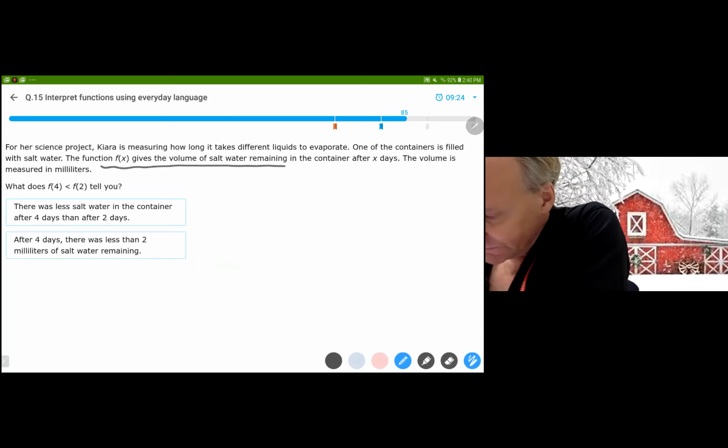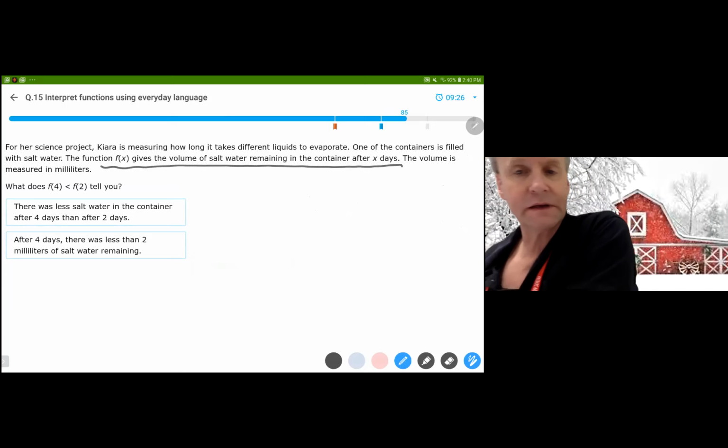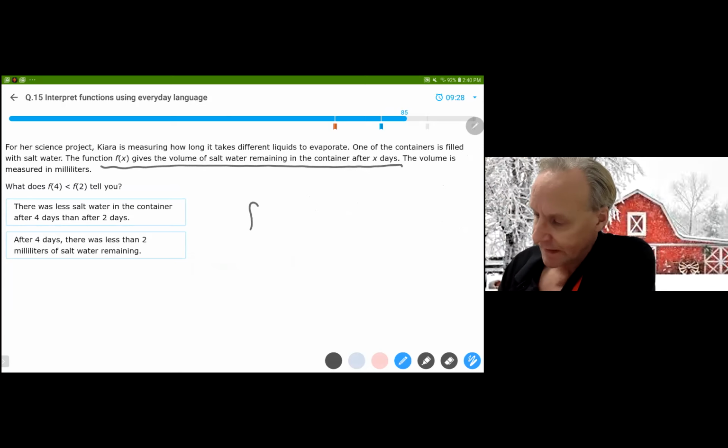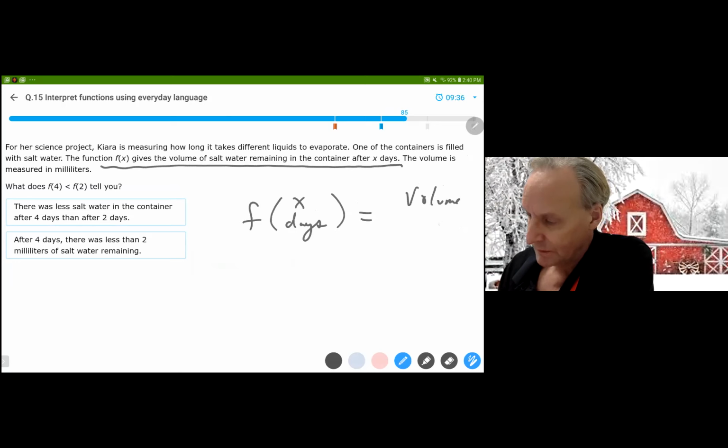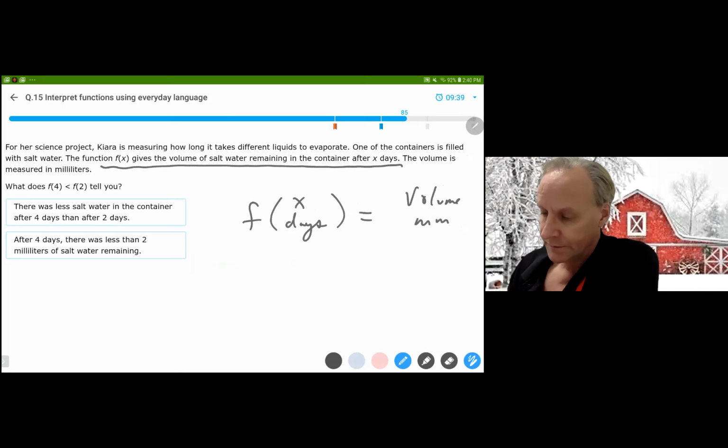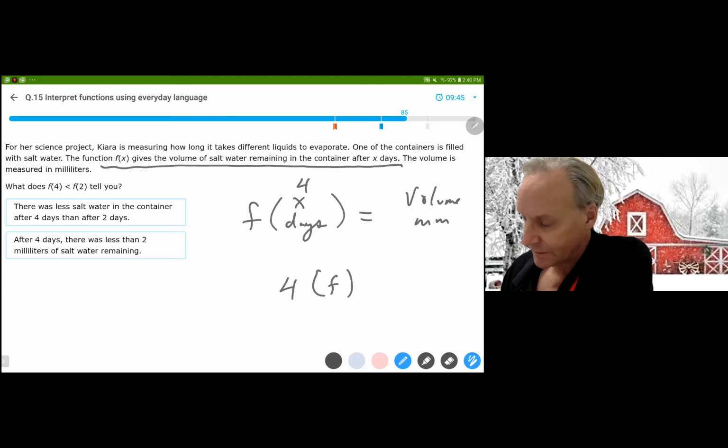F of X is the volume of seawater remaining in the container after X days. So it's F of X days, and that is the volume, milliliters of water. So for F of 4, geez, man, what am I doing? I said F of 4.